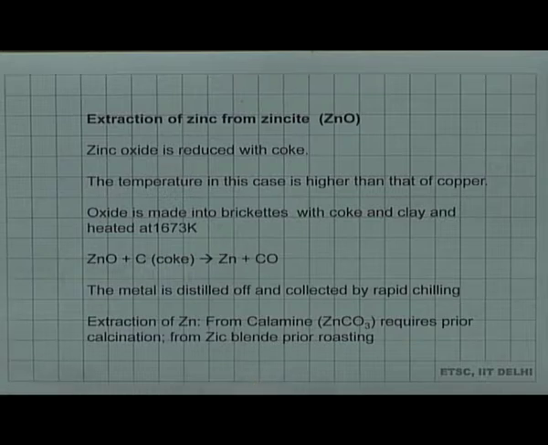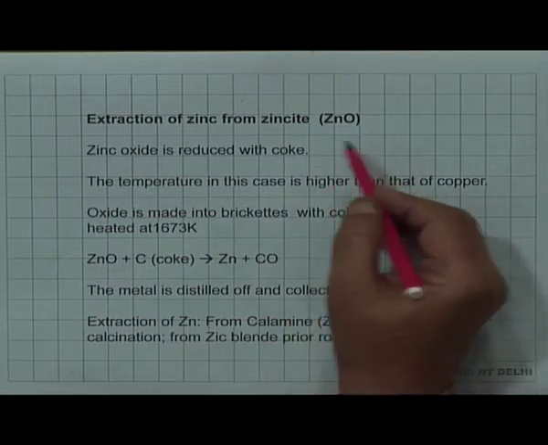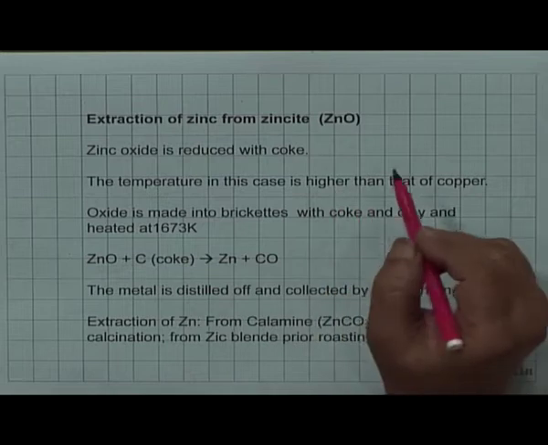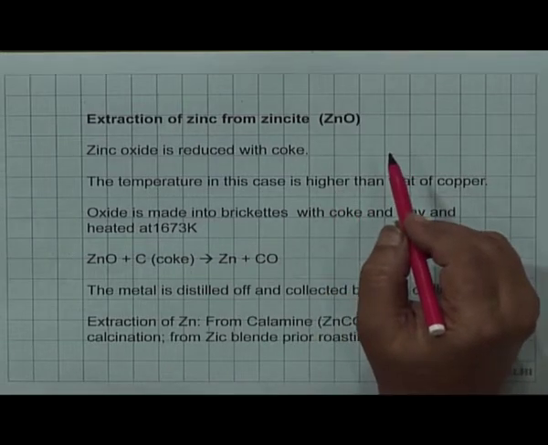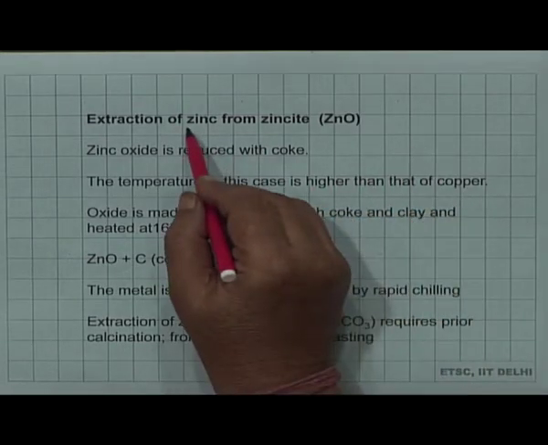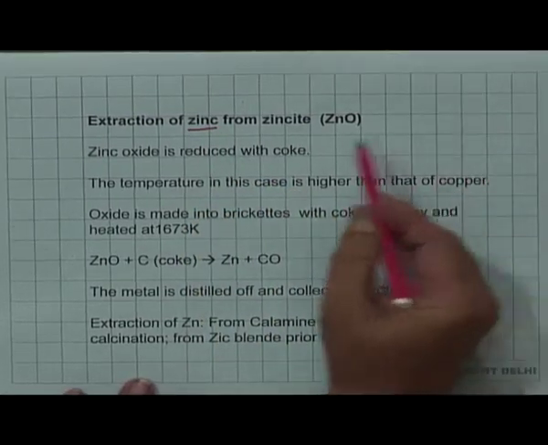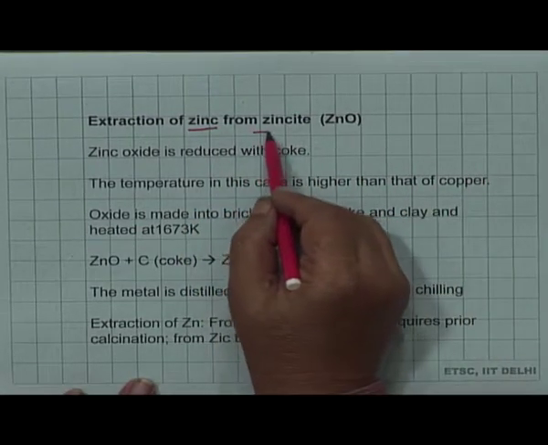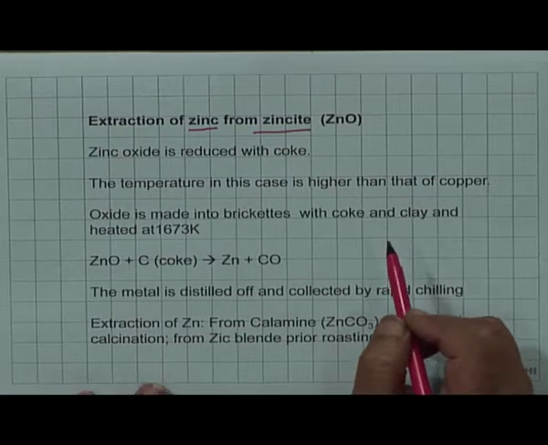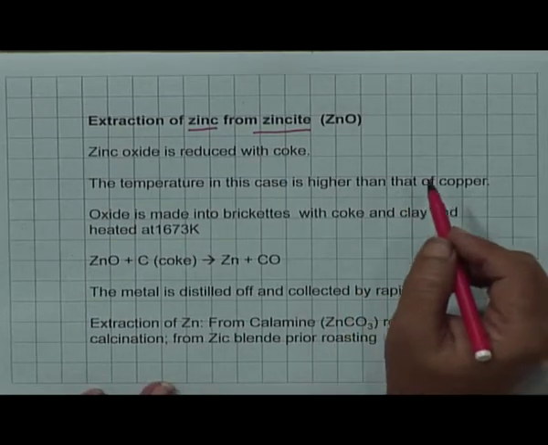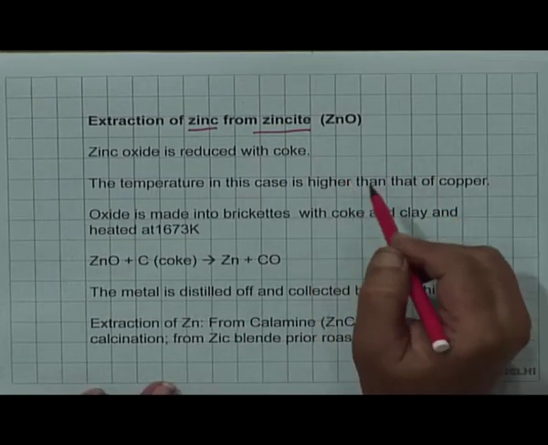Another example of extraction of a metal is that of zinc, and its extraction we will discuss is from zinc oxide.